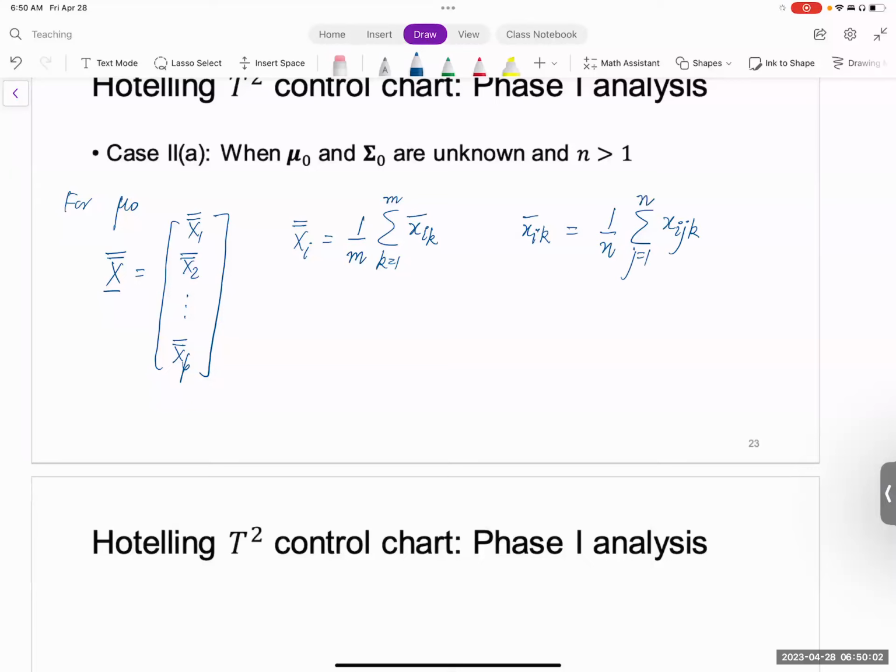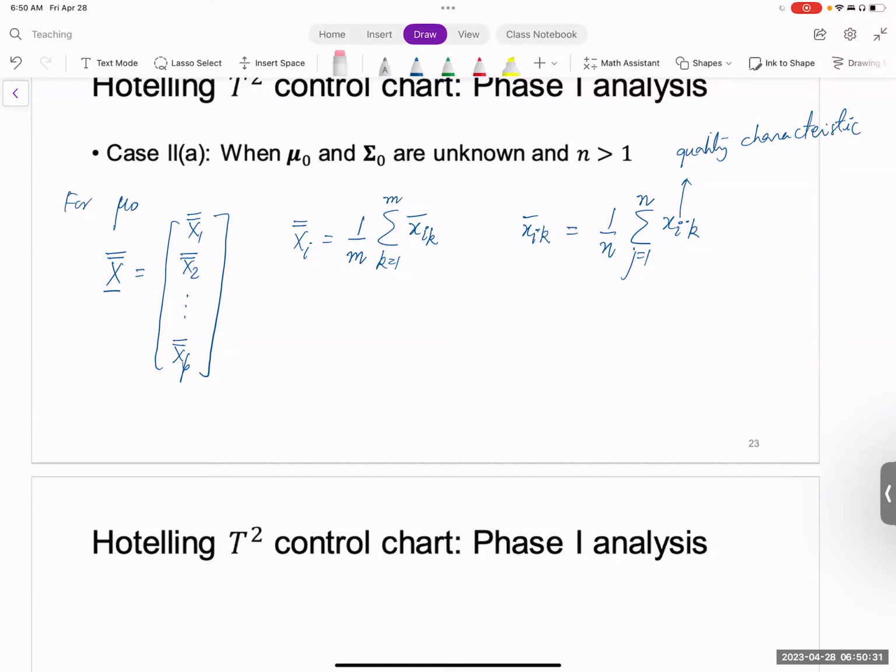Now, again, you don't have to do these computations. What I'm trying to tell you is that for every single quality characteristic, let's say quality characteristic xi, I is your quality characteristic, so I can go from 1 to p.